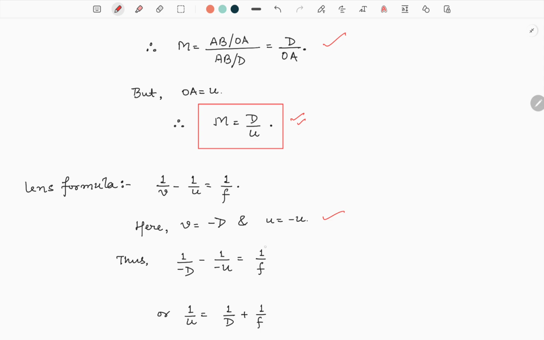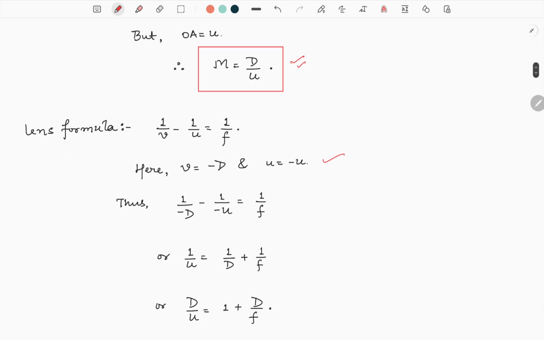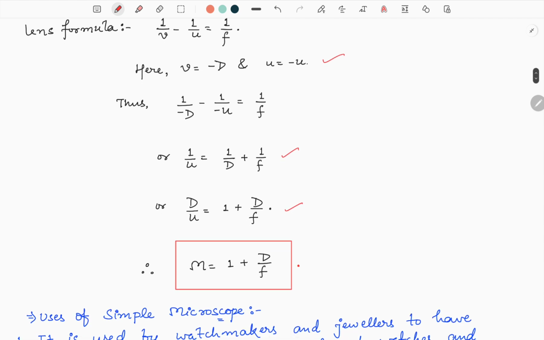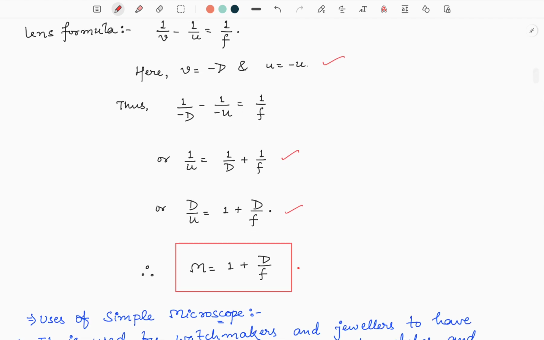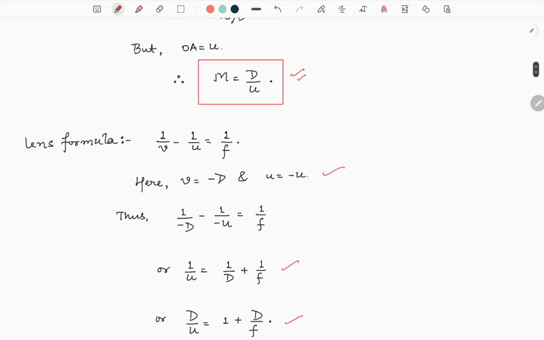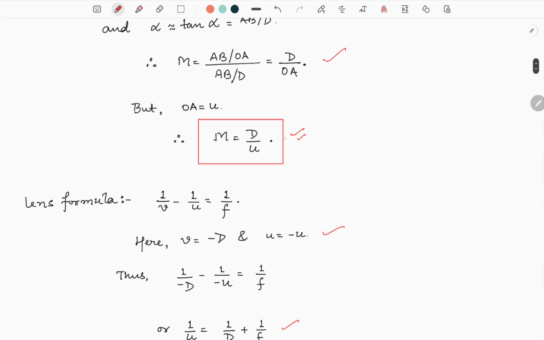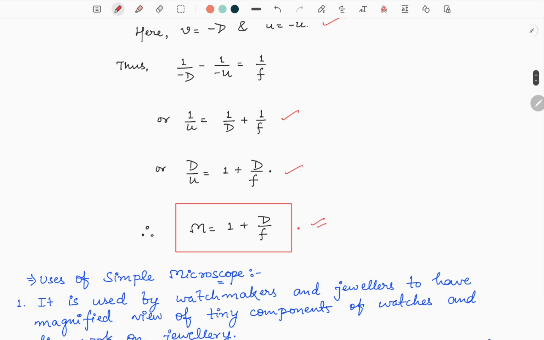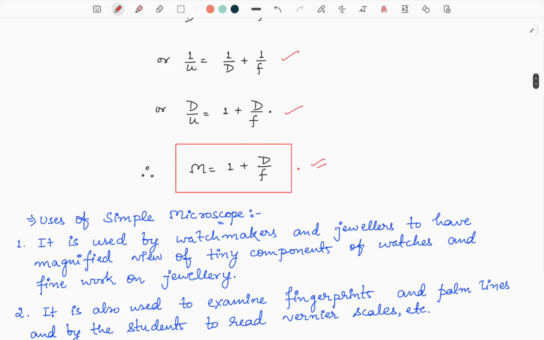When you put this value in the lens formula, you will get 1 by U is equal to 1 by D plus 1 by F. Since we require M as D by U, we multiply both sides by D, and you will get D by U as 1 plus D by F. So there is another formula for the magnifying power of a simple microscope, that is M is equal to 1 plus D by F, and one more formula which we saw earlier is D by U. Both formulas can be used for solving numerical problems as per the requirement.